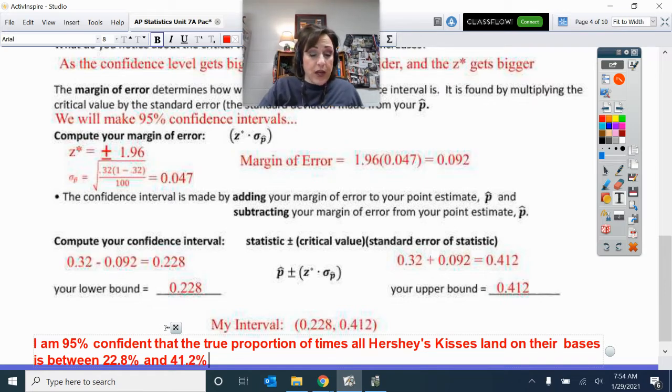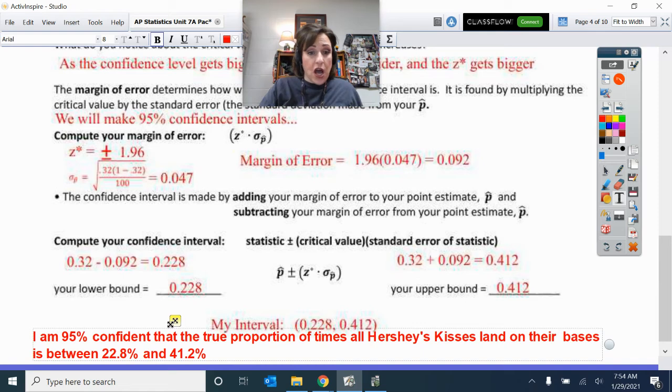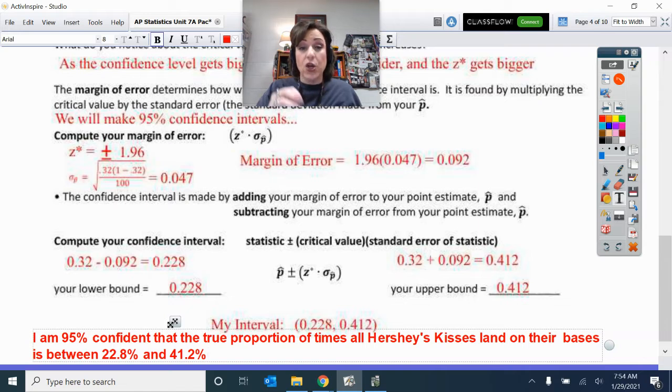Okay, and that's what you had also done in the homeworks, which I'll show for you so that you can check yourself and see if you did well on computing your intervals from yesterday.